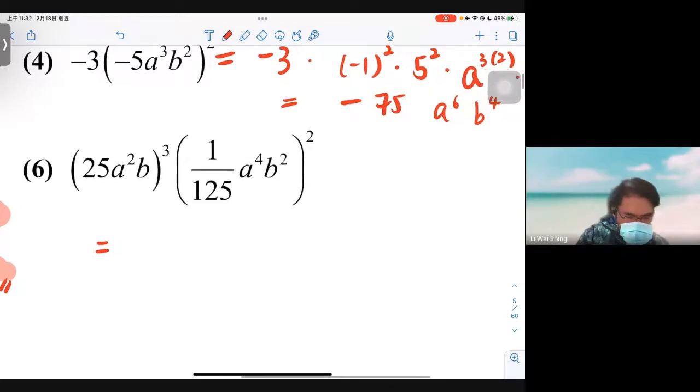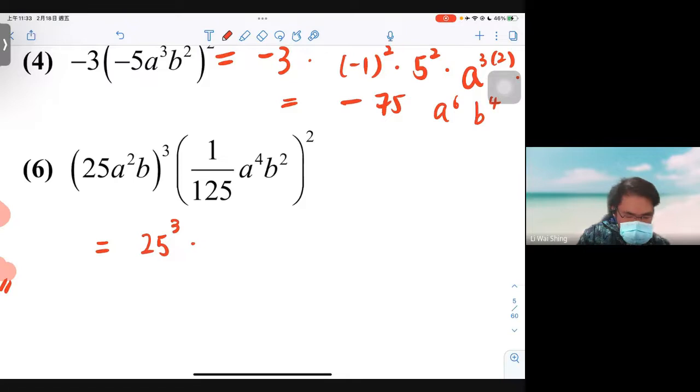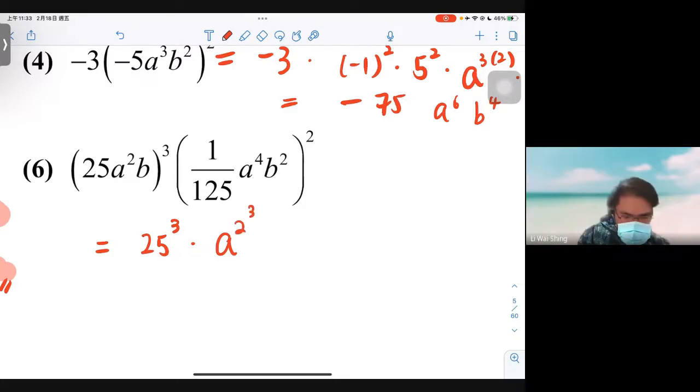You expand it inside first, right? So 25 to a power of 3, times a squared to the power of 3, right?